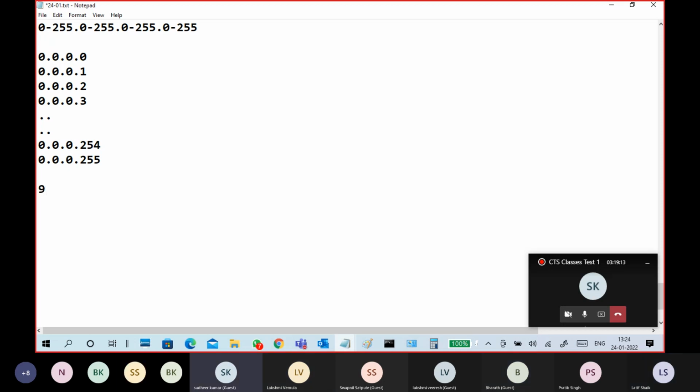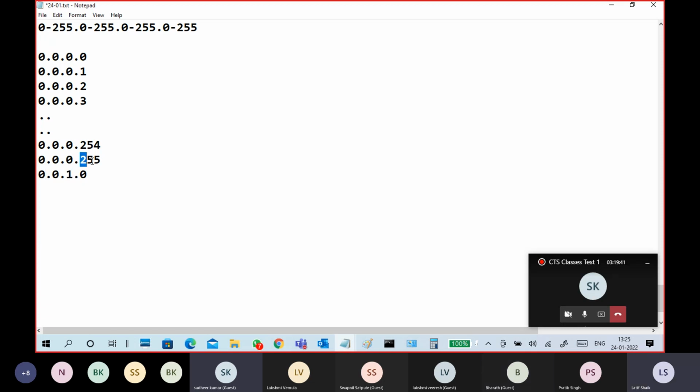Very good. So 0. After 99, what number? Again it becomes 00, because 1 will be added here, right? After 199, the 99 becomes 0 and 2 goes here. Same sequence: 0.0.1.0.